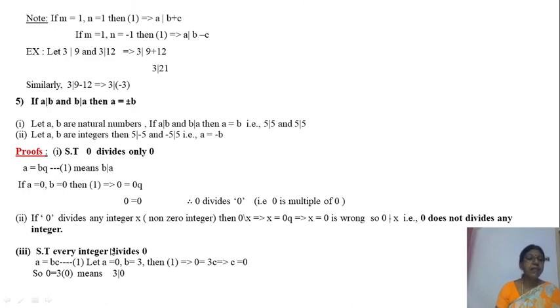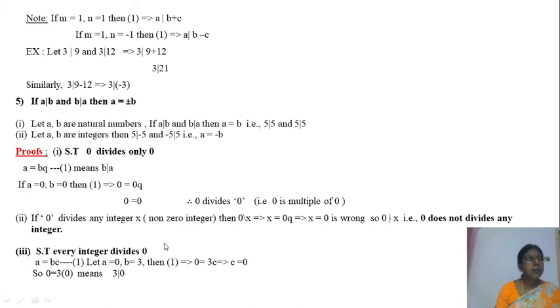Show that every integer divides 0. Every integer divides 0. Don't confuse it. 0 divides only 0 means 0 divides 0, and 0 does not divide x, where x means any other integer. Now see the next one: every integer divides 0.